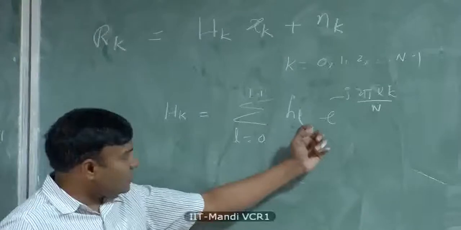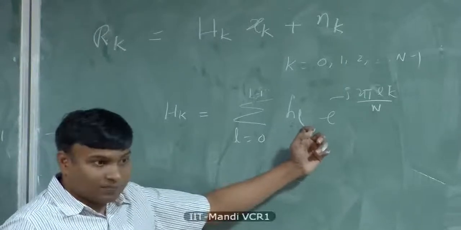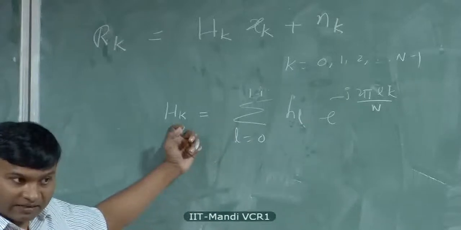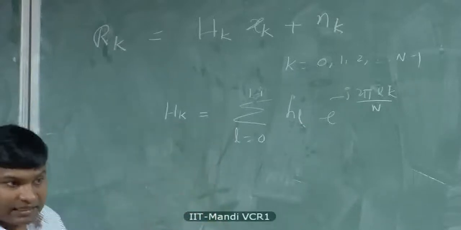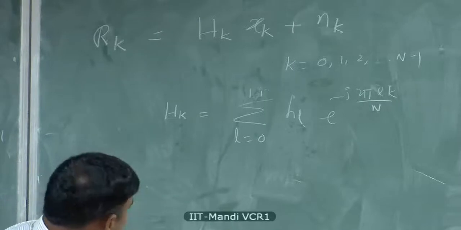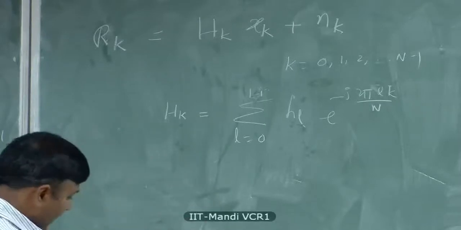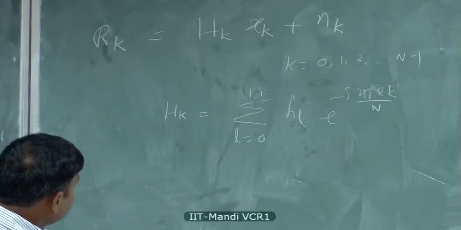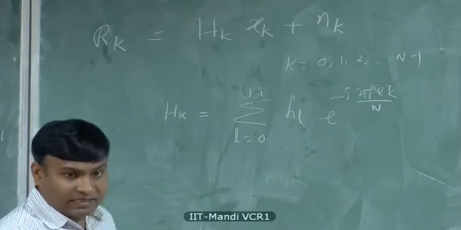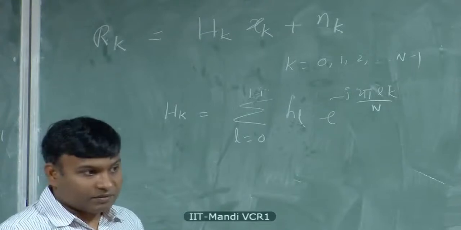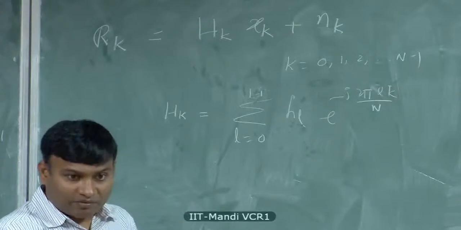If these channel taps are modeled as random variables, this also becomes a random variable, and it is correlated in k. For the time being, we are not interested in the statistics of H_k, but rather we want to understand the behavior of the link from a very fundamental standpoint.